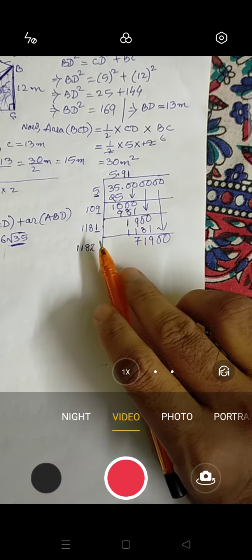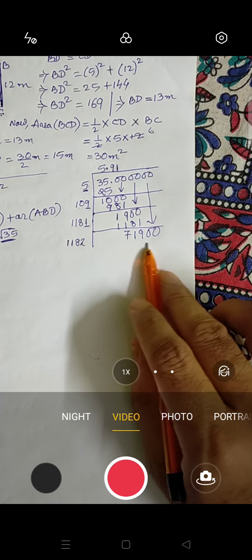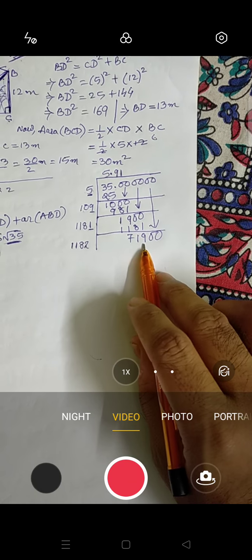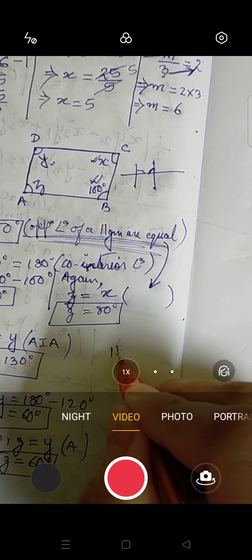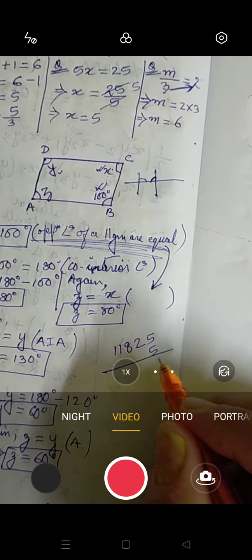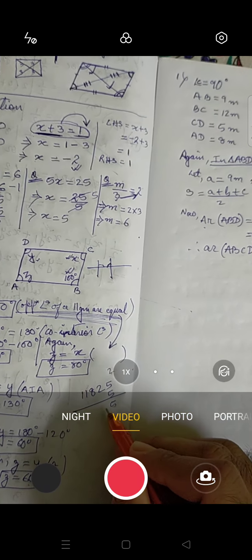Now you have to take one number here, and the same number you will be taking here, such that when you multiply these two numbers, you should not get a number bigger than this. So let's check it. What shall we take? This is 1182. So I am writing it over here, 1182. I am taking it by 5. So 5 5s are 25. Carry 2, 5 2s are 10, 12.